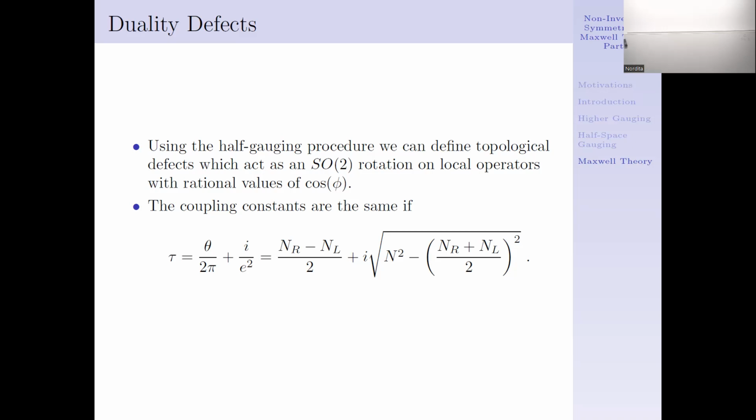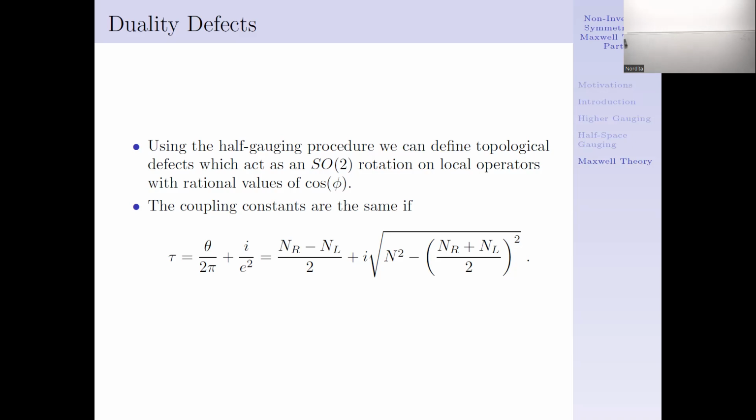So the summary is that even in Maxwell theory, we can use either higher gauging or half space gauging and construct three infinite sets of non-invertible symmetries. One by gauging subgroups of the electric one-form symmetry. The second one by gauging subgroups of the magnetic one-form symmetry.